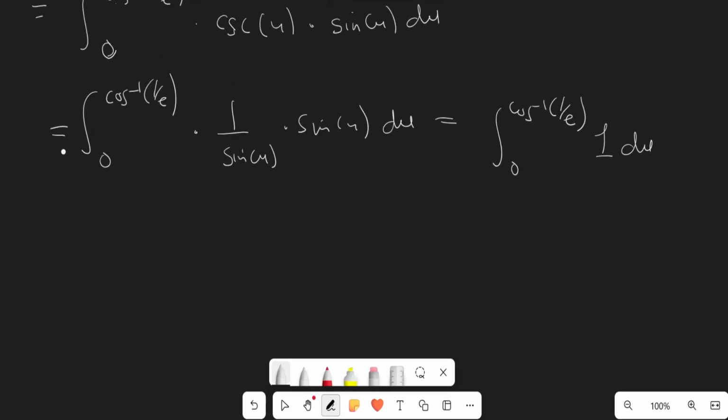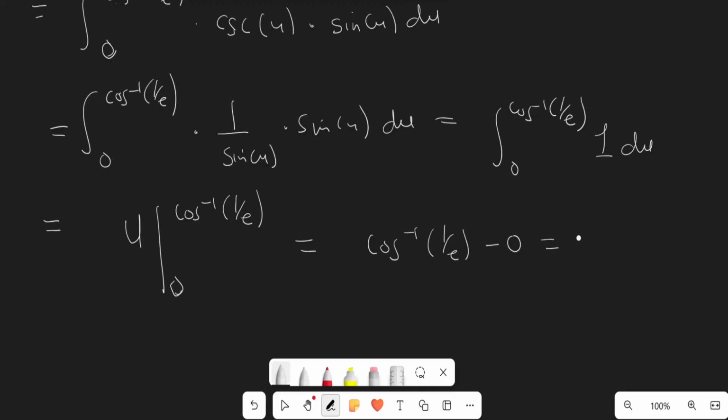So in the end, our integral becomes the integral of du, which is u, from 0 to the cosine inverse of 1 over e. That is equal to the cosine inverse of 1 over e minus 0, which is the cosine inverse of 1 over e.